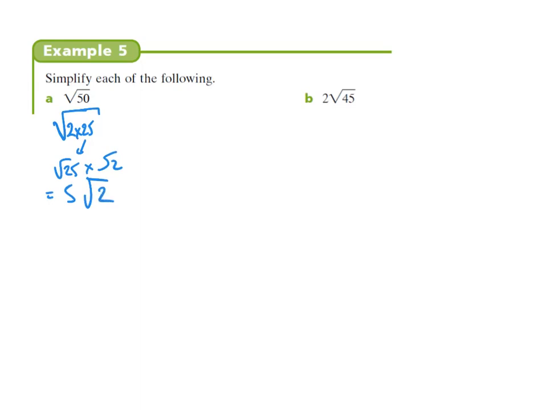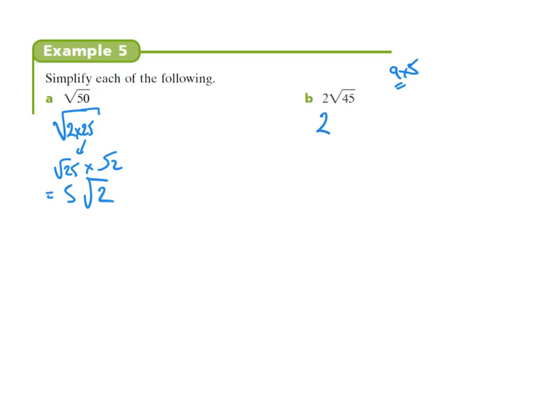For the next one, we could be fooled to say, well, hey, there's a number outside the surd sign and there's a number inside, so that one we can't do any further. But let's just eyeball that and see if we can find any perfect square numbers within 45. If we look at the factors of 45, 9 times 5 is 45, and 9 is the perfect square we're looking for.